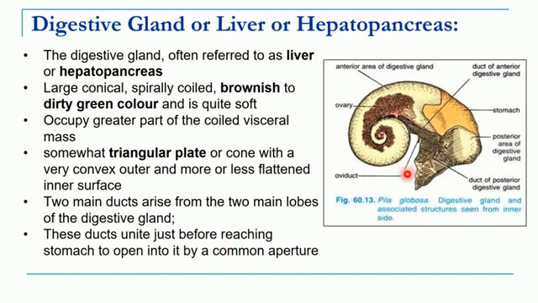The secretions produced by the digestive gland are transferred to the stomach, so the two ducts unite at a place just before reaching the stomach.